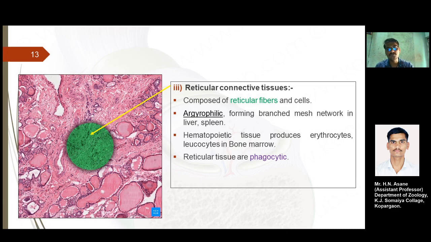The hematopoietic tissue produces erythrocytes and leukocytes in the bone marrow.